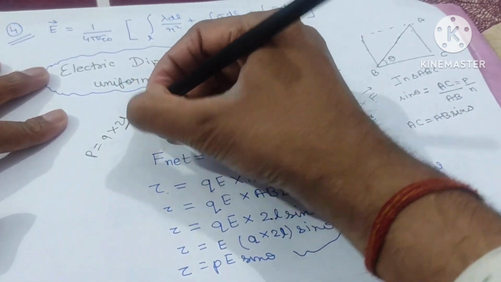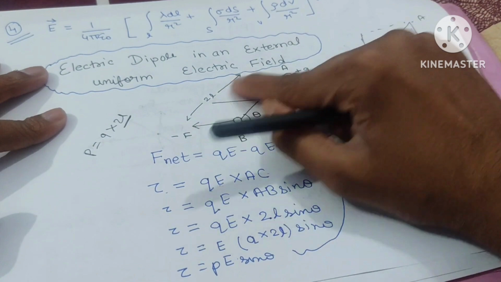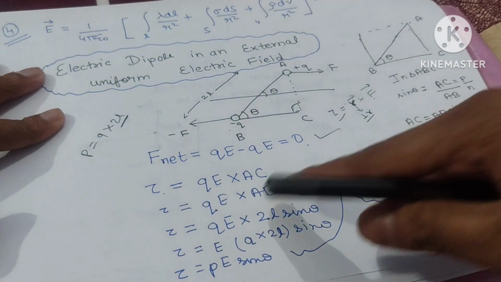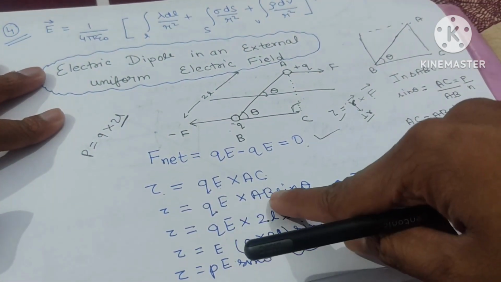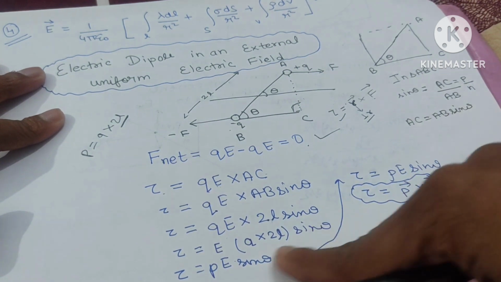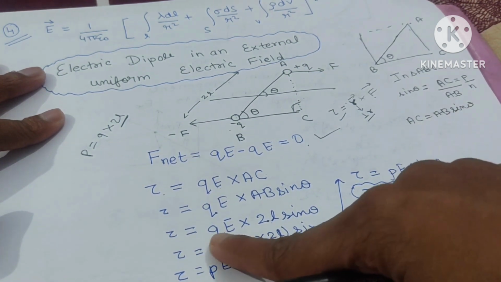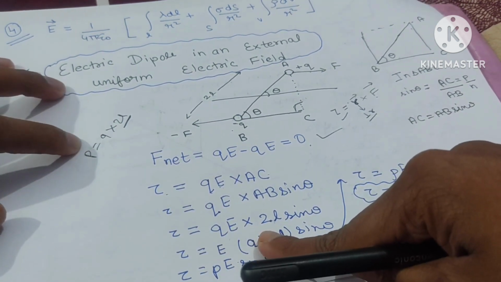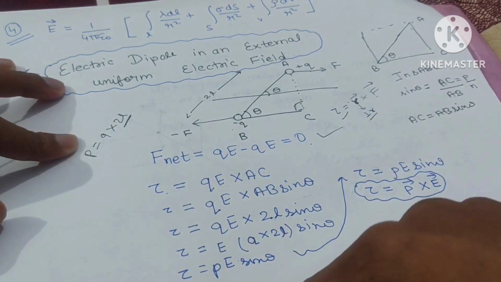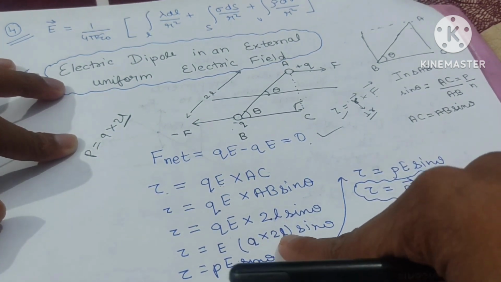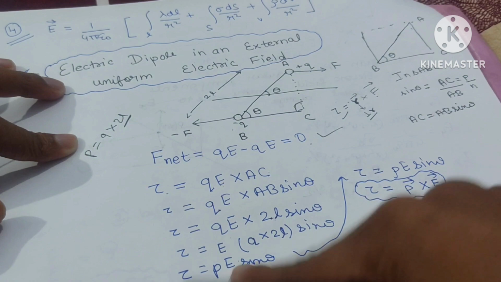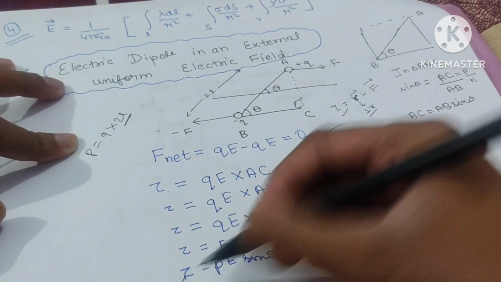So AC is equal to 2L sine theta, and q into 2L is equal to p, the dipole moment. That's why it becomes this, so this is the tau we proved.